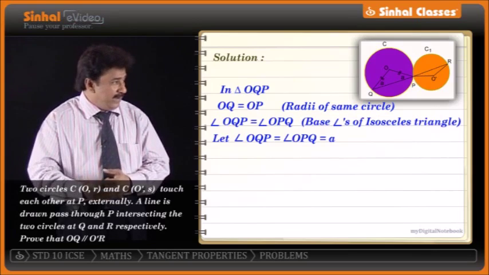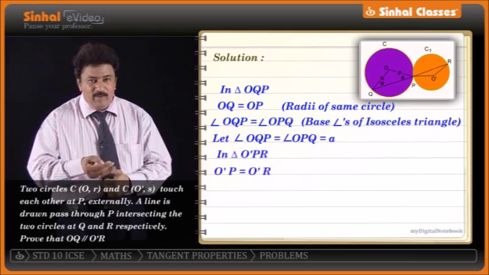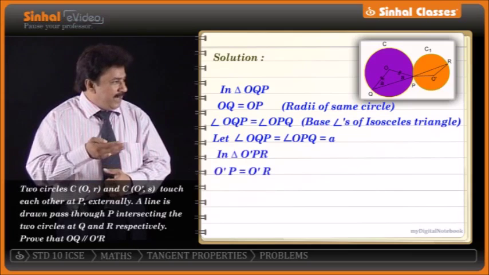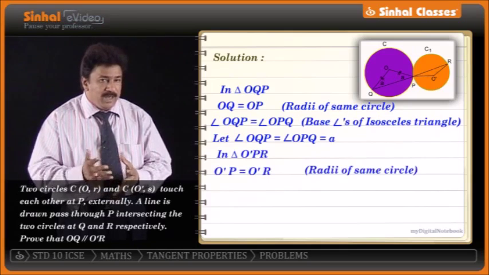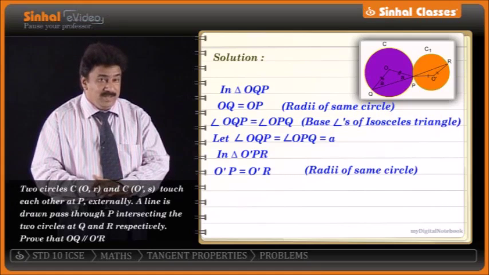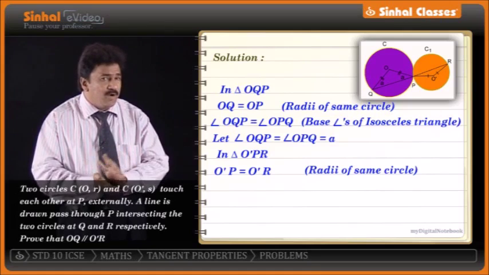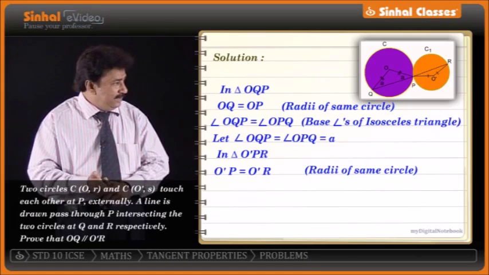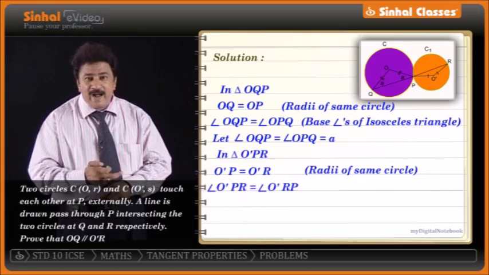Now similarly, we move on to the next triangle of the other circle. I am talking about triangle O'PR. When you see this triangle O'PR over here, we get O'P is equal to O'R. Why do you get this equal? Because they are the radii of the same circle. So what do you come to as a conclusion? Once again, the base angles are equal. That is, angle O'PR is equal to angle O'RP.